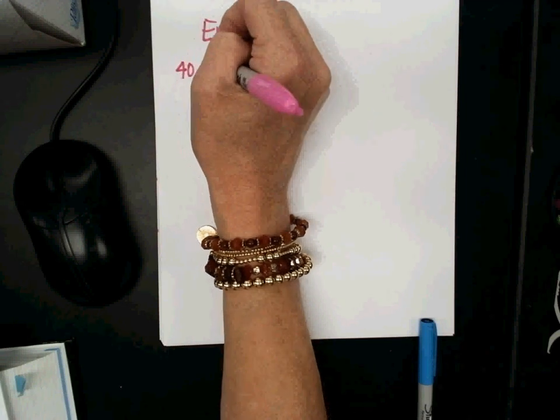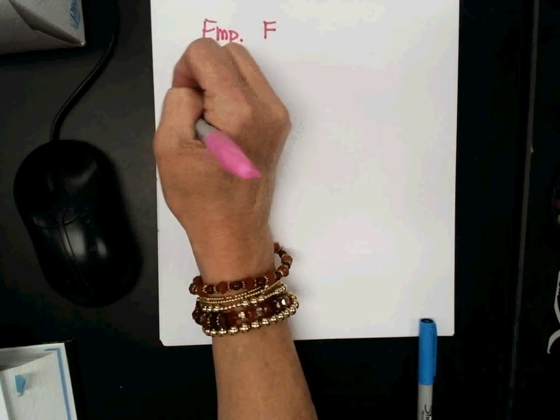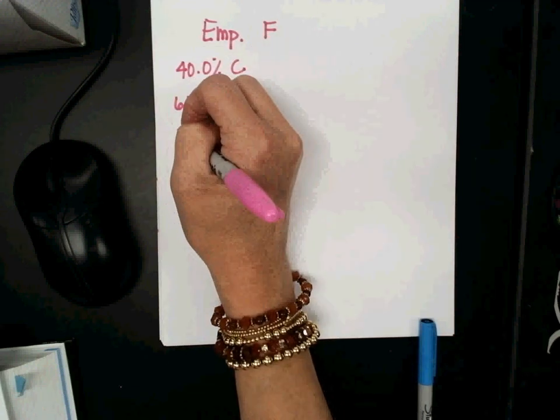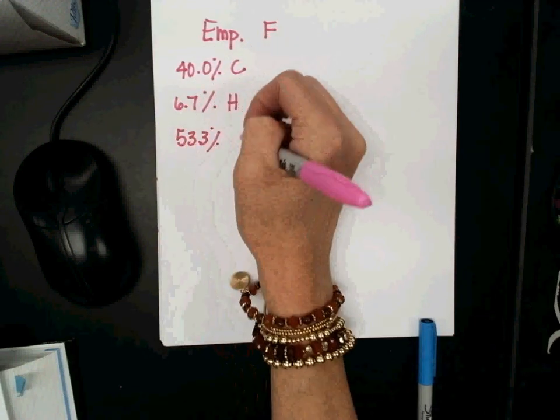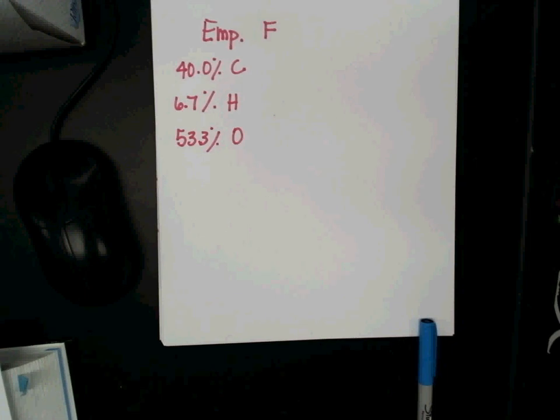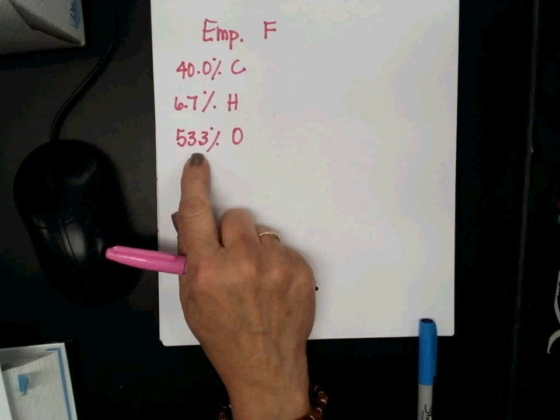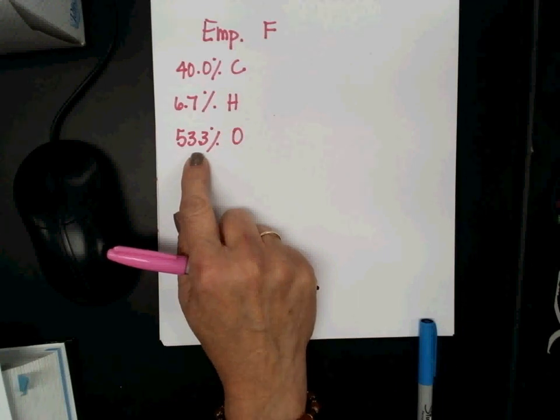And I've got 40% carbon, 6.7% hydrogen, and 53.3% oxygen. When you are given these, the first thing you need to do is check and make sure they equal 100%.